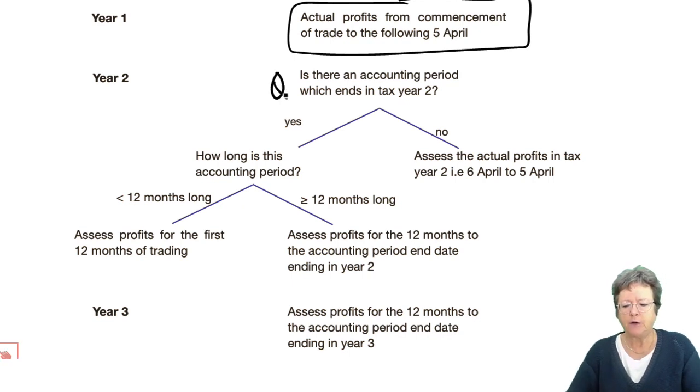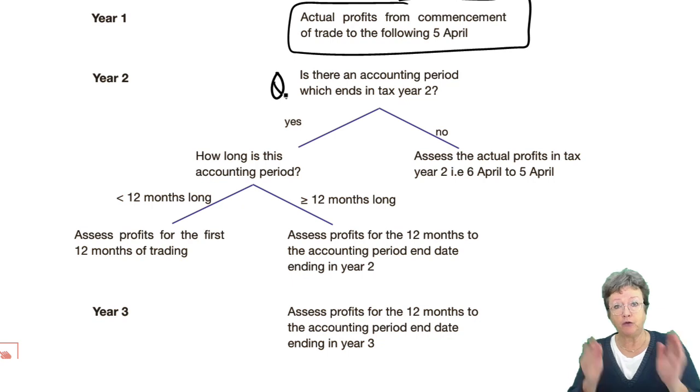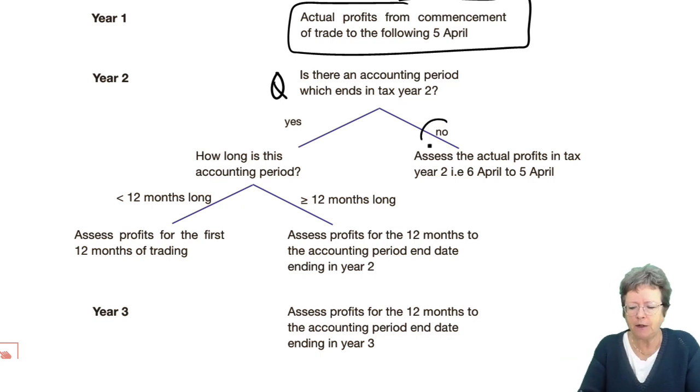Is there an accounting period or a set of accounts with the year end in tax year number 2? And again, this will make more sense as we do some of the practice questions. So, is there an accounting period which ends in tax year 2? Sometimes the answer is no.